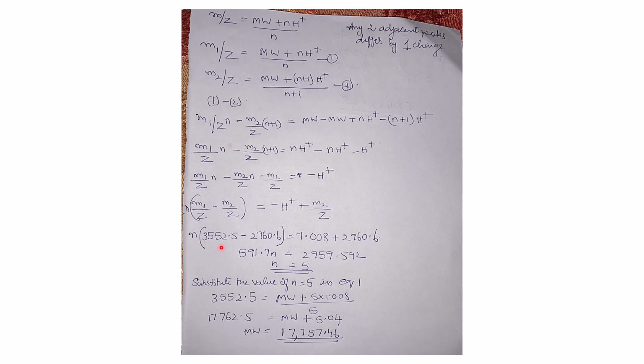So N into 3552.5 minus 2960.6 will give you N as 5. Substitute the value of N is equal to 5 in equation 1. You will get the molecular weight, that is 17,757.46 Daltons.